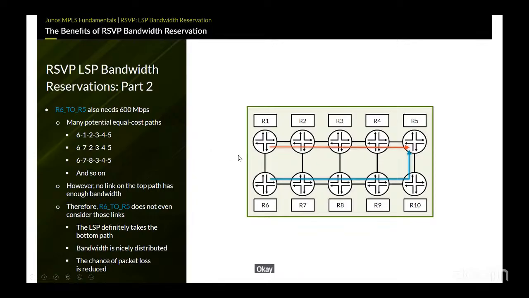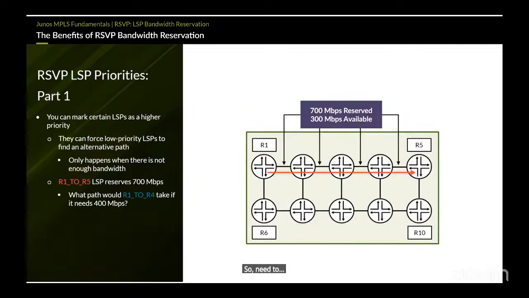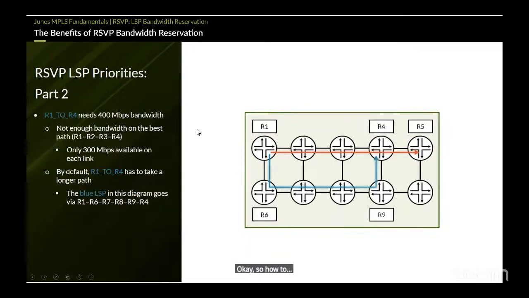Okay. So, in that case, you can say we're using optimum paths when you create MPLS LSP. So you need to reserve LSP bandwidth properly. Okay. When you define the reservation bandwidth, you can define the LSP priority.